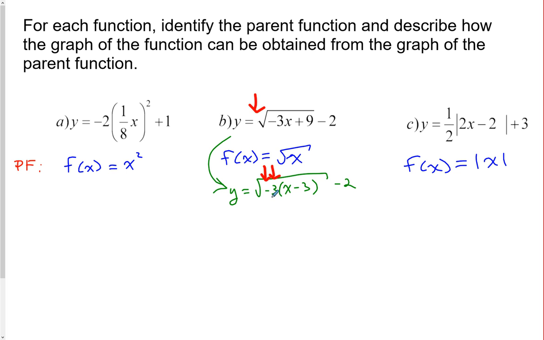I'm going to divide all of my x values by 3. And my shifter, I'm going to move my graph 3 units right. That's in the positive direction. And this one, finally, that affects my y values, and we just do it as is. I'm going to move everything down 2.